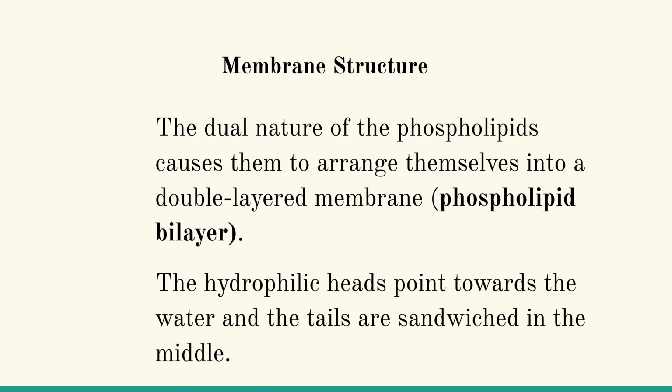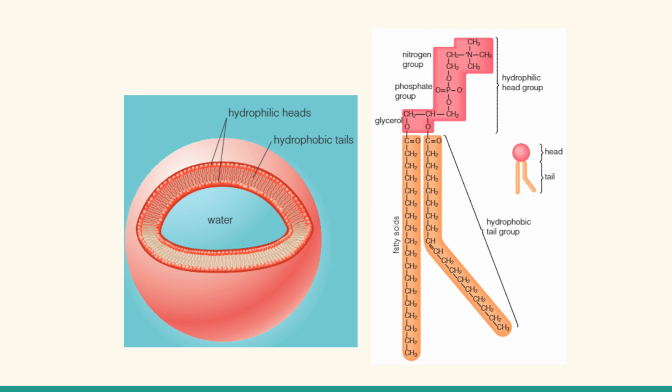And that's actually really important because that allows the phospholipids to move around but not break the cell membrane. It gives it an actual container, a layer that can act as a gateway, allowing chemicals to move in and out of the cell. So we get this double layer spontaneously.